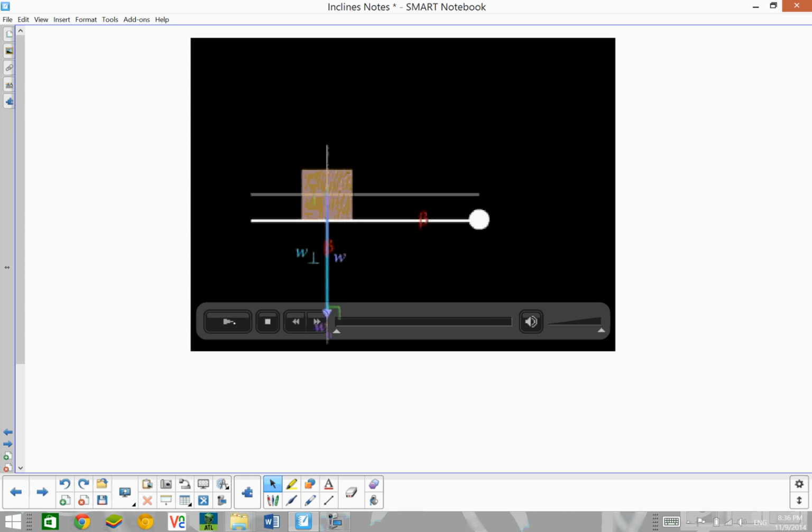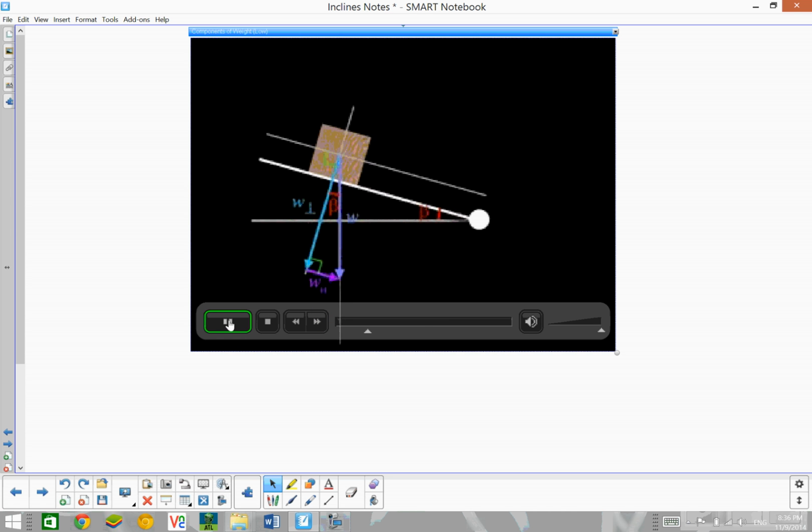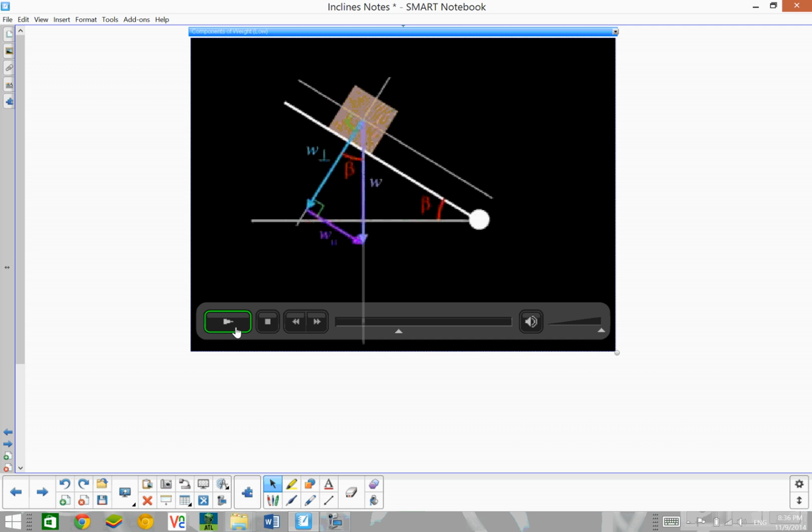However, as we raise the incline at an angle, you will see that although weight stays straight down, your perpendicular component now becomes smaller because the angle of the incline increases. Not only that, we begin to get a parallel component of weight, which is the version of the weight that's actually causing the object to want to slide down the plane.